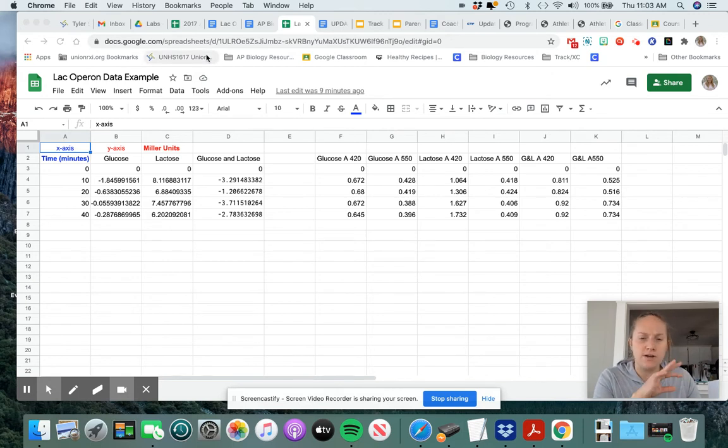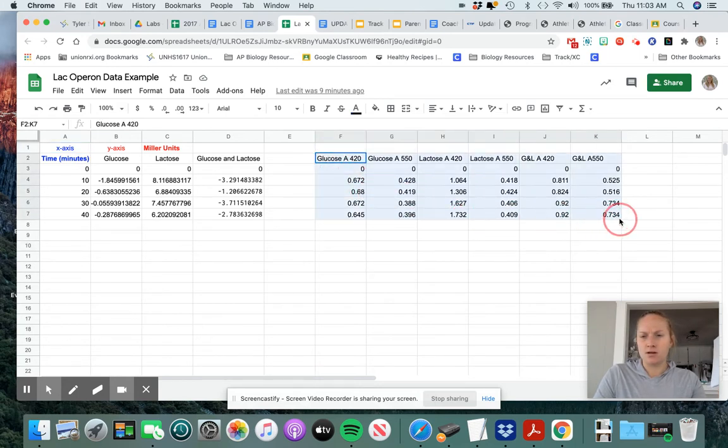You can change it to fit your data that you collected. Okay, so here I just have some example data. This was from, I believe, the 2016 lab that one of the classes did. So I've been doing this lab for a bit. And what you're going to do first is see all this information right here.